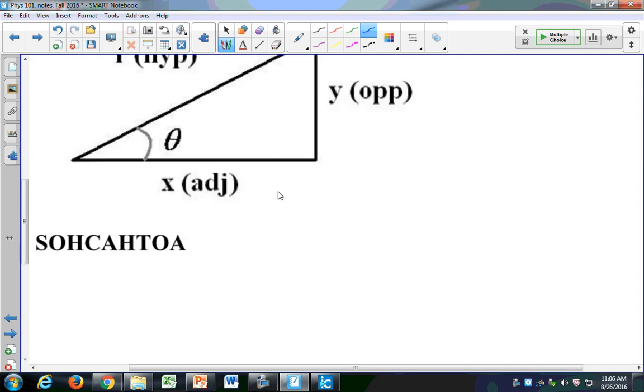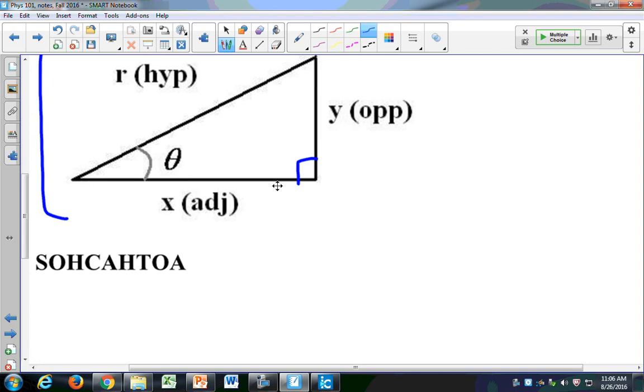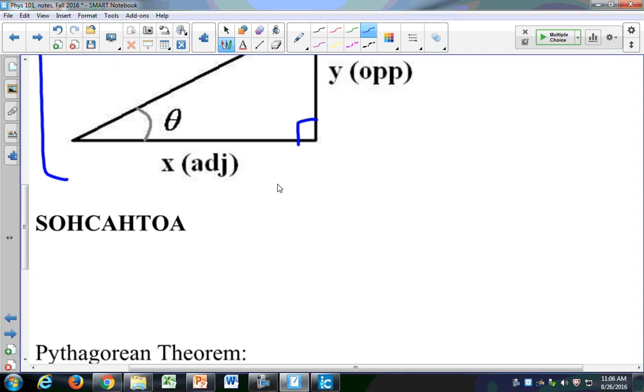I'll give you the rundown here. So imagine we have a right triangle with a right angle here. I can define relationships between theta and the different sides, and that's what SOHCAHTOA is. The sine of the angle, that's S, is equal to opposite over hypotenuse. When I'm talking about an angle theta, this is the opposite side, the side that's opposite where that angle is measured.